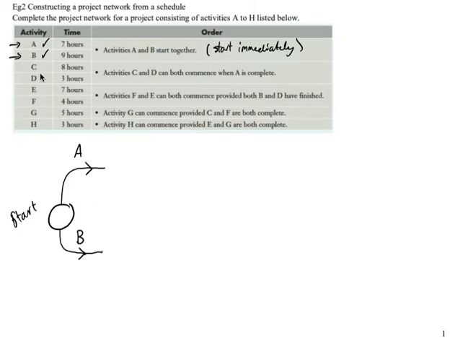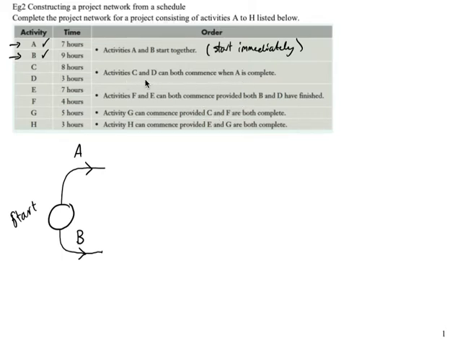So we've done A and B. Now, activities C and D can both commence when A is complete. So when A is complete, which we draw by a circle, we can start C and D. So another fork will come out of A. There's no other task saying that when A is complete, therefore there's only two tasks coming out.